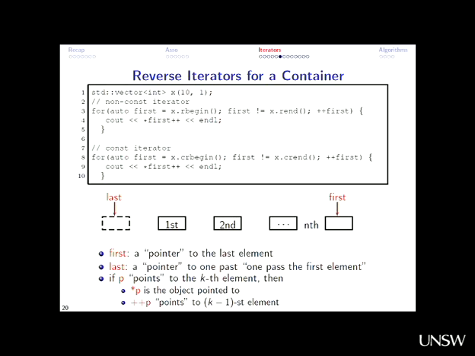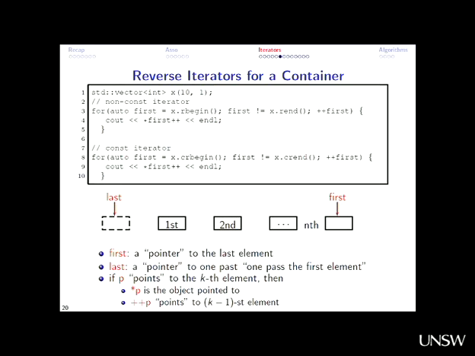It does everything backwards. So if we ask for r.begin and r.end, and then we move forward on the reverse iterator, we actually move backwards over our collection. So reverse iterator just flips the idea of moving along the container, and we move along backwards.